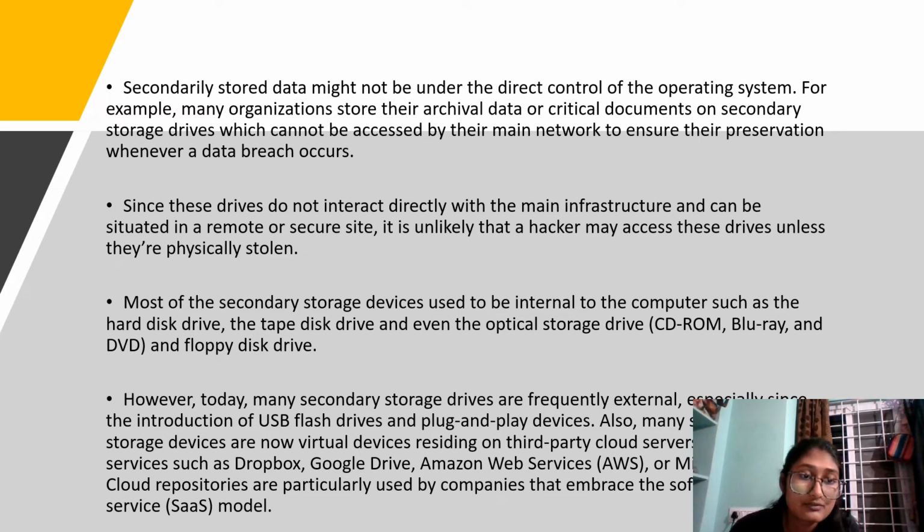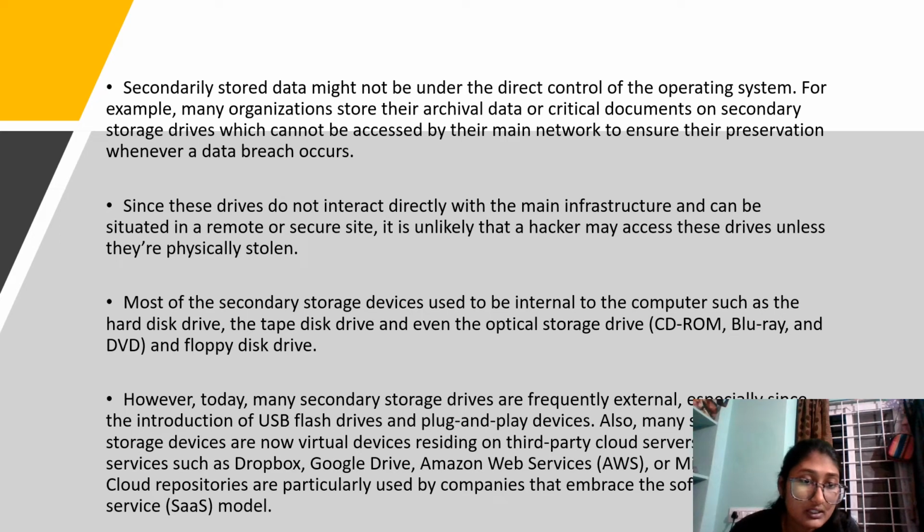Since these drives do not interact directly with the main infrastructure, they can be situated in a remote or secure site, and it is unlikely that a hacker may access these drives unless they are physically stolen.